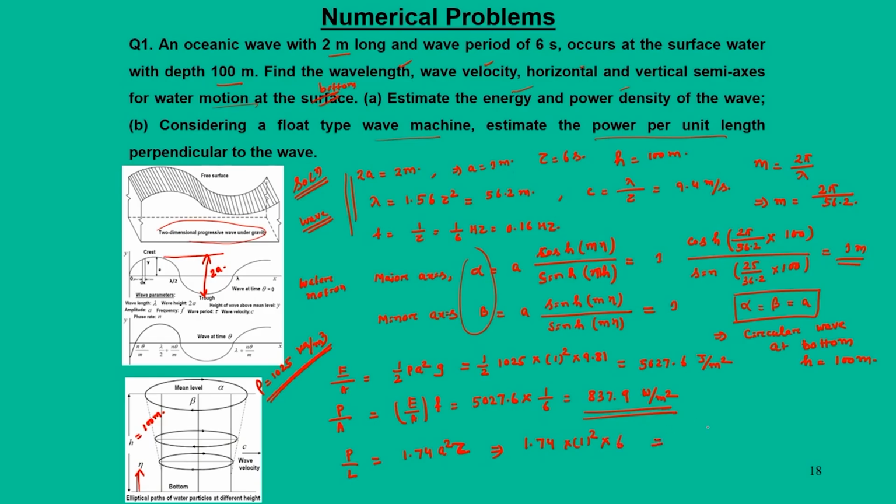So power per unit length is 10.4 kilowatt per meter, because this relation holds good when power is in kilowatt, A is in meter, and tau is in seconds. So for this wave machine we can get this much power.